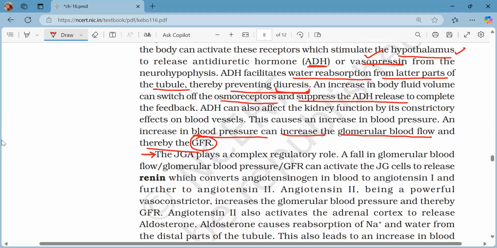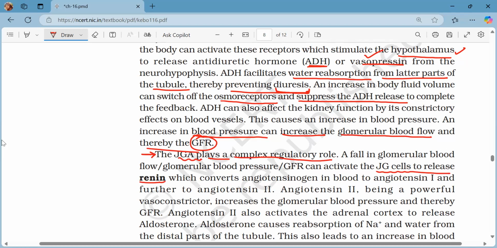Now, the juxtaglomerular apparatus plays a complex regulatory role. Whenever the GFR falls or the glomerular blood pressure falls, this can activate the juxtaglomerular cells to release renin.